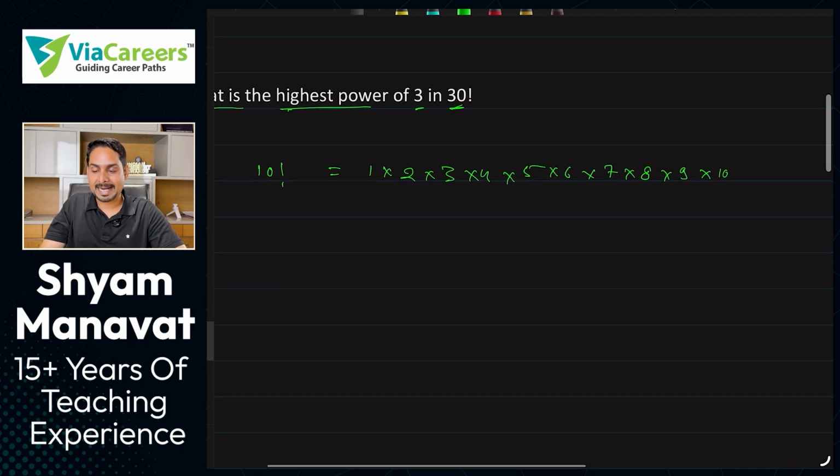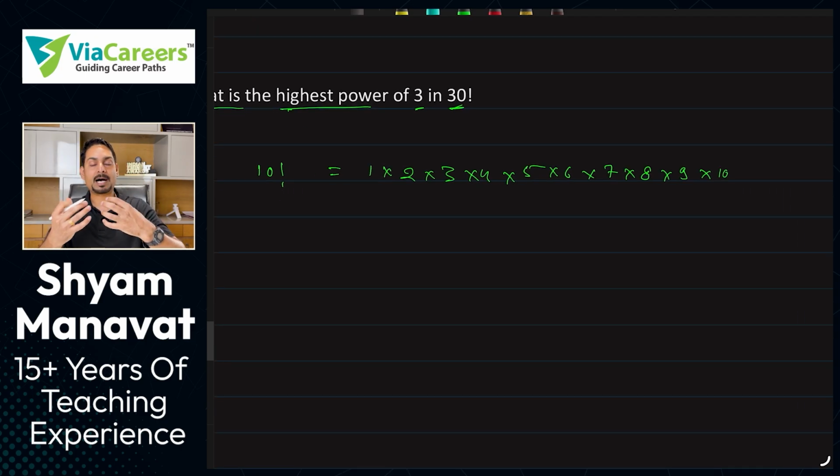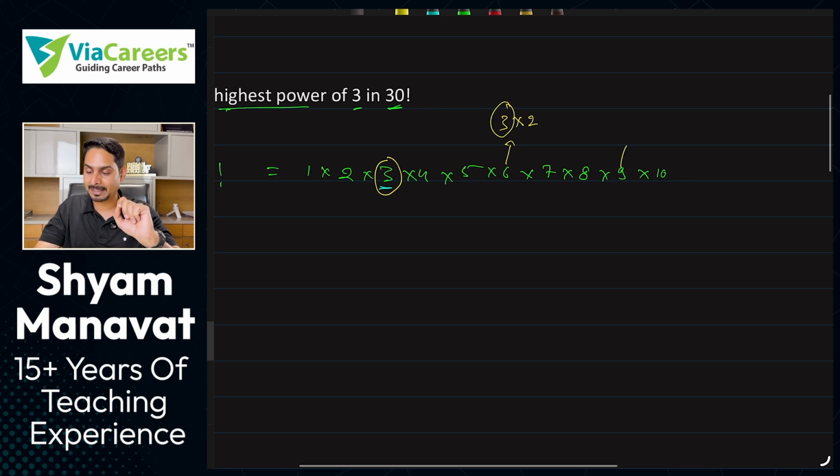Now for the highest power of 3, how many 3's can you take common out of 10 factorial? From 3 you get one 3. 6 can be written as 3 into 2, so you can take one more 3 from here. And 9 can be written as 3 into 3, so two 3's can be taken from here.